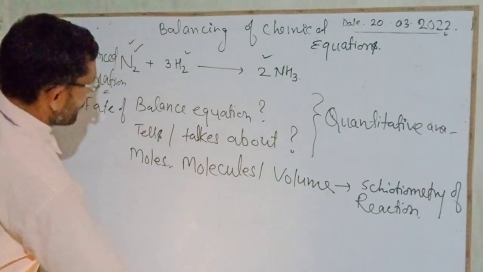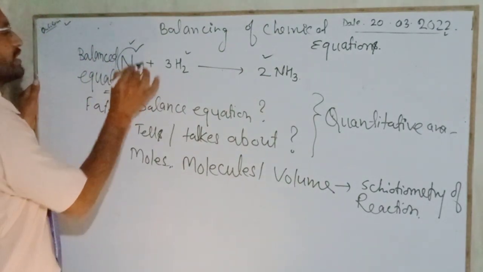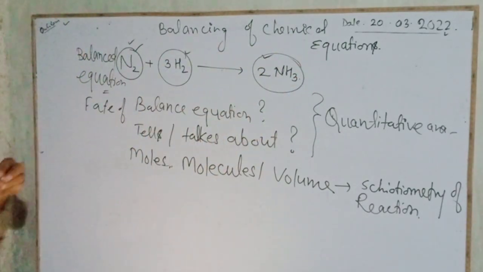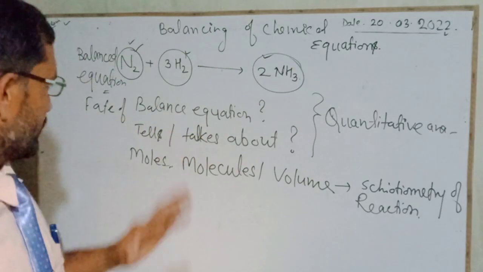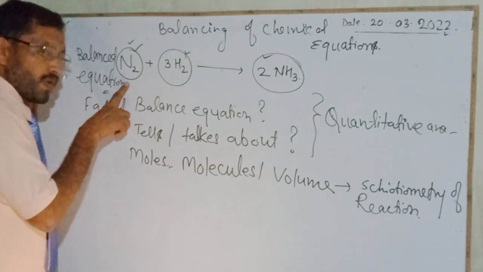So one thing is that the balanced chemical equation tells us the number of molecules taken here should be equal to the number of molecules present in the product.